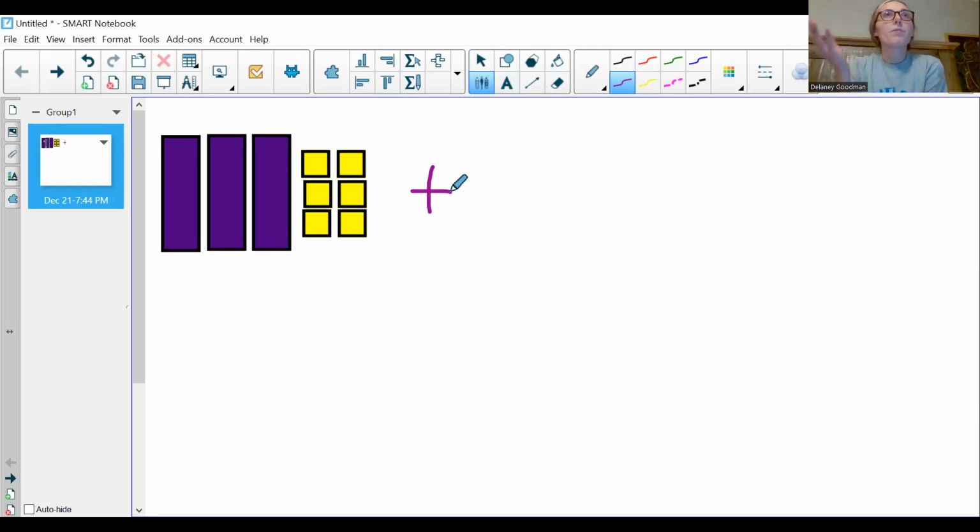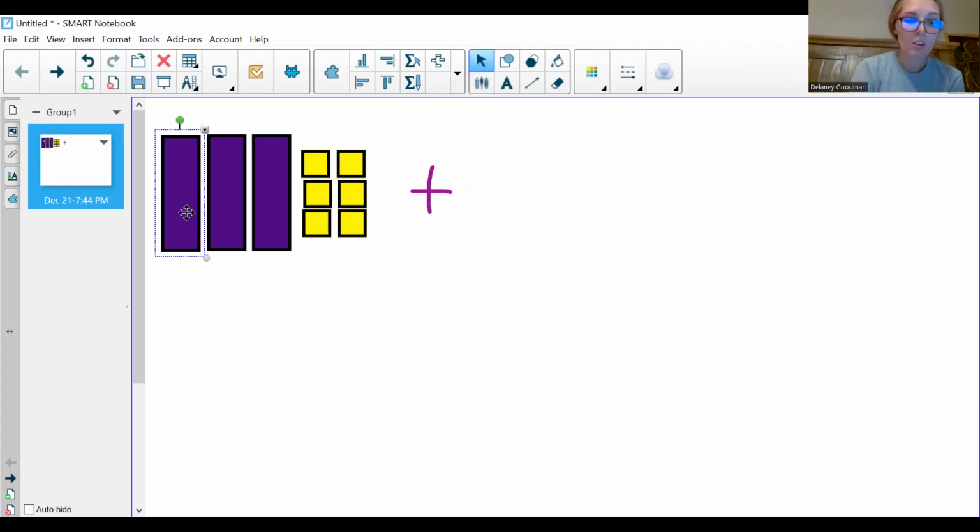If we're adding 10 more, if his mom gave him 10 more, we know that our number is getting larger, right? So if our number is getting larger, do we need to add something or take something away? We need to add, right? Because if a number is getting larger, then we would need to add the 10 stuffed animals that his mom gave him. So how can I represent 10 stuffed animals? Well, this right here represents 10, right?